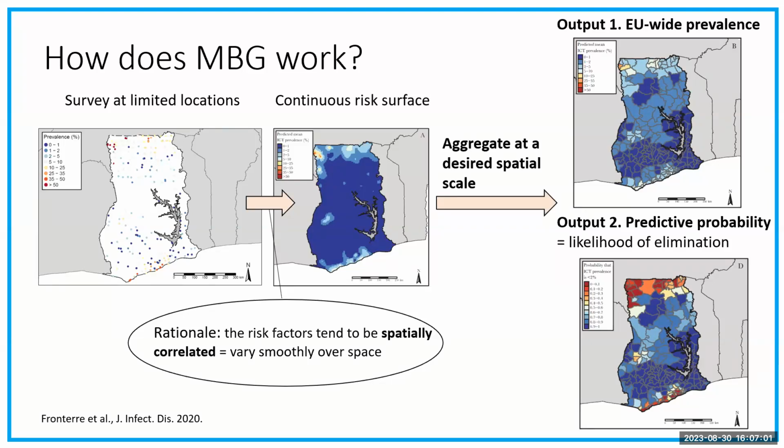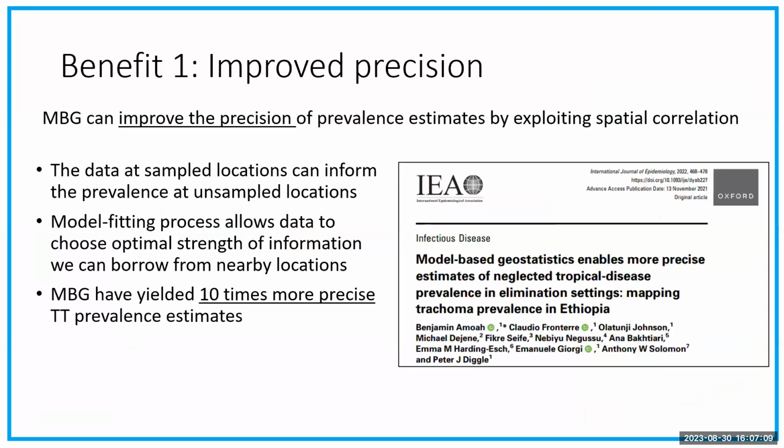These two main outputs are statistically reliable and advantageous from mainly two aspects. The first benefit is the improved precision in the prevalence estimates. Because MBG can use the data from sample locations to inform neighboring and sampled locations, we can make the most possible use of limited data.